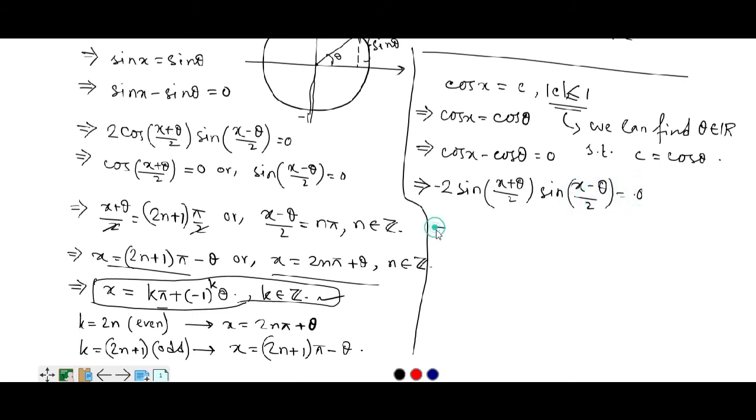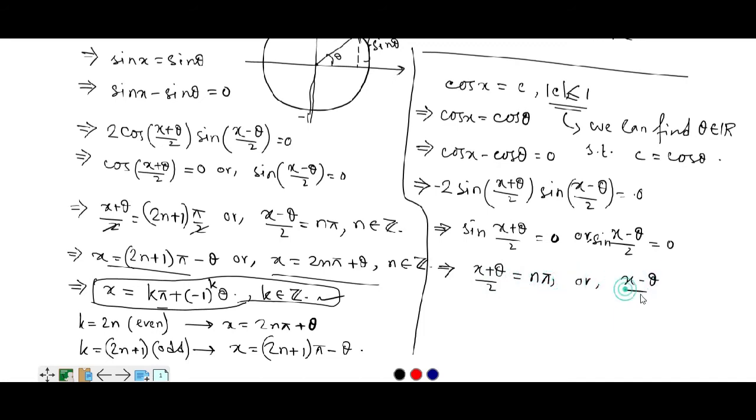Again we have two factors, so by taking the factors separately, we can write this one is 0, or sin of (x minus theta) by 2 is equal to 0. Now again it is in the form sin x is equal to 0, so we can write this angle is equal to n pi, or here (x minus theta) by 2 is equal to n pi.